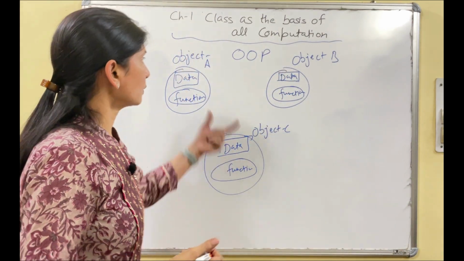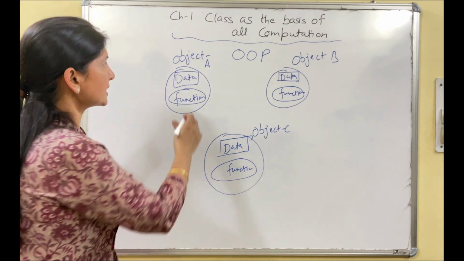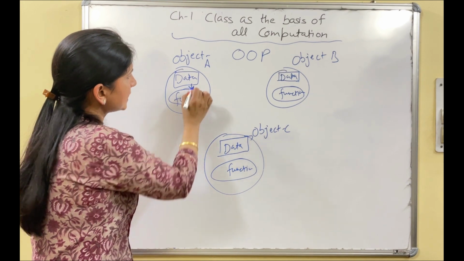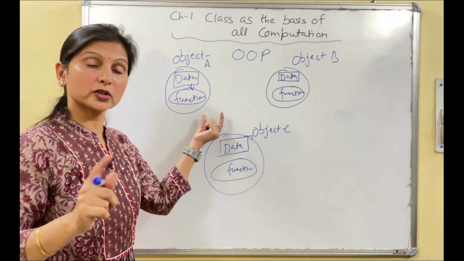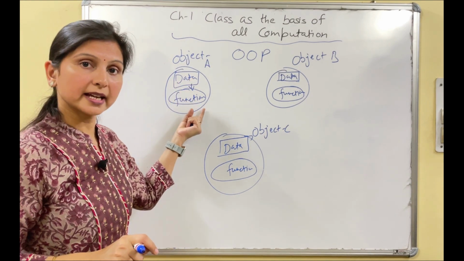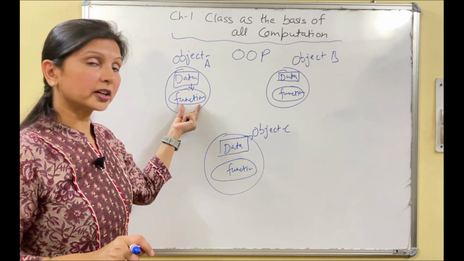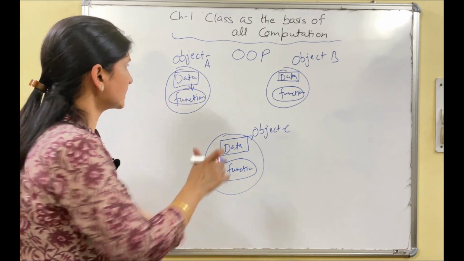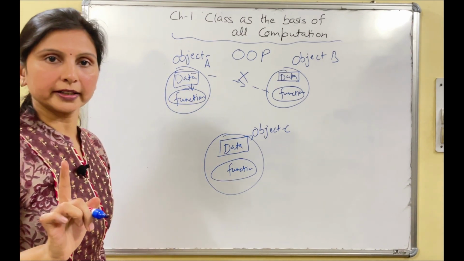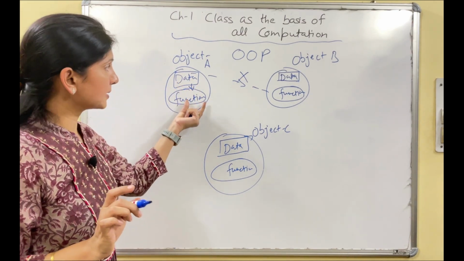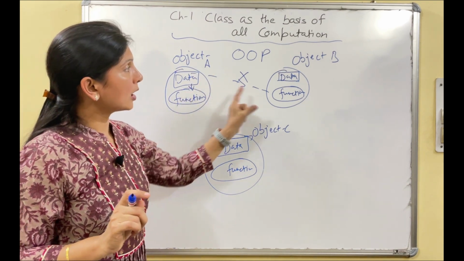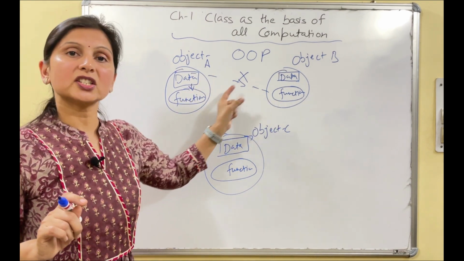Now what happens in this? If you see the data, this data can be accessed only by the function associated with the same object. This data cannot be accessed by this function of another object. And how will the objects communicate with each other?